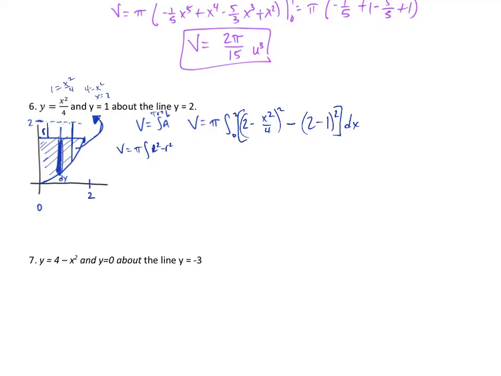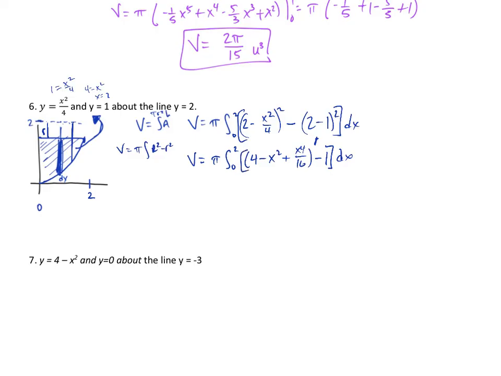All right, so now the volume is going to end up being pi times the integral from 0 to 2, and we can FOIL all this out. This one is going to be 1 squared, comes out to be 1, which is kind of nice. This other part will be 4 minus x squared plus x to the 4th over 16, minus 1 dx.